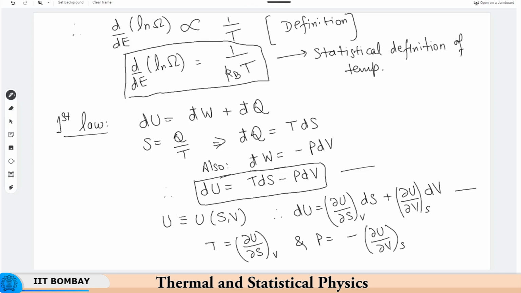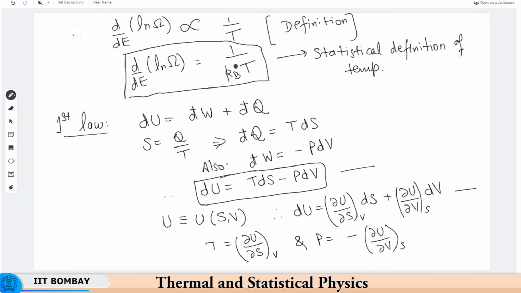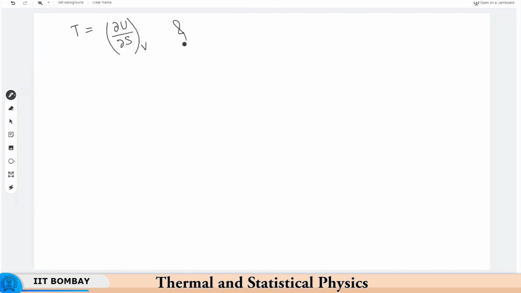So what I am saying is, we just saw that the temperature equals del U by del S at constant volume. I can express this as follows: the inverse of temperature is del S by del U at constant volume.